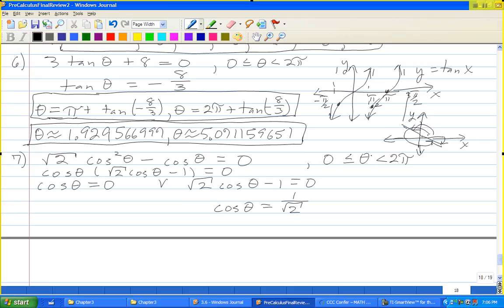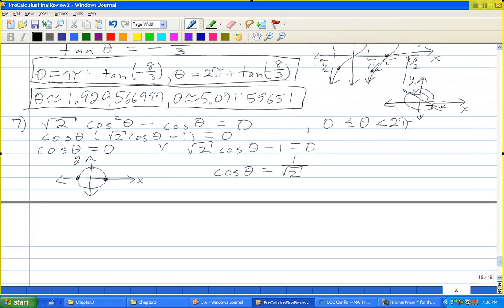Okay, so cosine will be 0 at pi over 2 and 3 pi over 2.